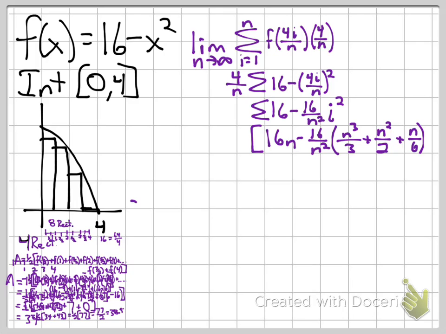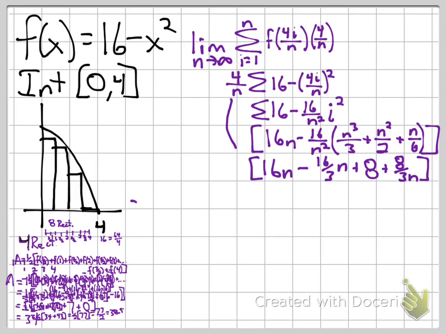Now I'm going to distribute out, so I'm trying to simplify down here. If I distribute in 16 over n squared to each term, I get 16 over 3n plus, that'll be 16 over 2, or 8, and then 8 over 3n for the last one. Now I could combine the terms here. I'm not going to do that just because I have 16n minus 16 over 3n.